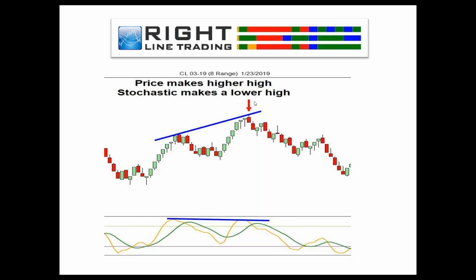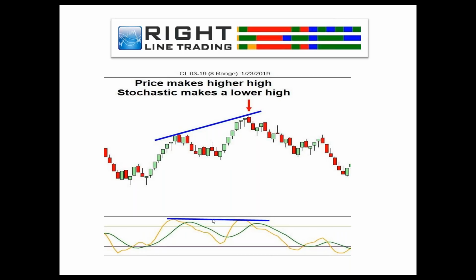And this is a slide that I made showing price making a higher high on equal momentum. Now, when price makes a higher high, you want it to accelerate up to that high at least as fast or faster, actually, than it accelerated up to this high. If the price is higher, you want it to accelerate up to that price faster.